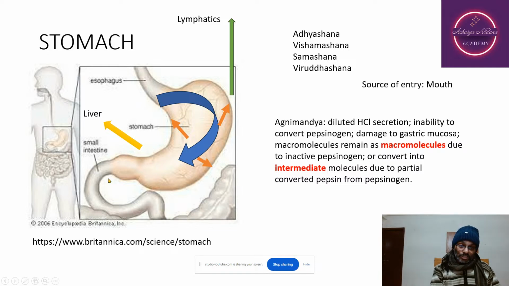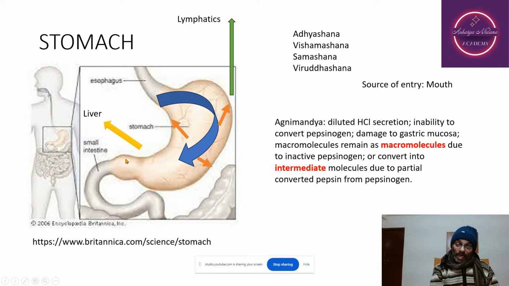And immediately after consuming the food, there will be closure of the pyloric antrum for another period of 2 hours. That means this food, the macromolecules or intermediate molecules, may remain on either the greater curvature or lesser curvature.